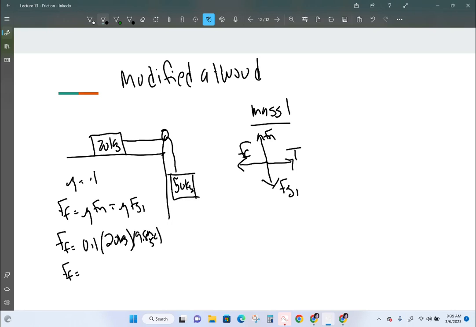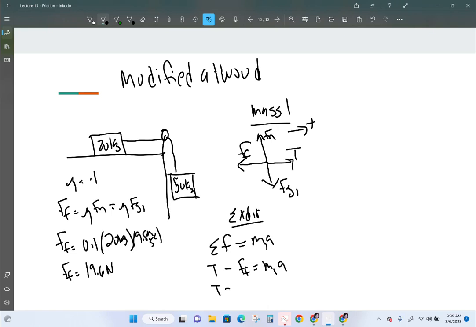So the friction force is just going to be 20 times 9.8, 196 times 0.1, or 19.6 newtons. So if I write the formula in the x direction, all of the forces in the x direction are going to make this accelerate. It's accelerating to the right, so it's going to be T minus FF equals M1A, T minus 19.6 newtons equals 20 kilograms times A.